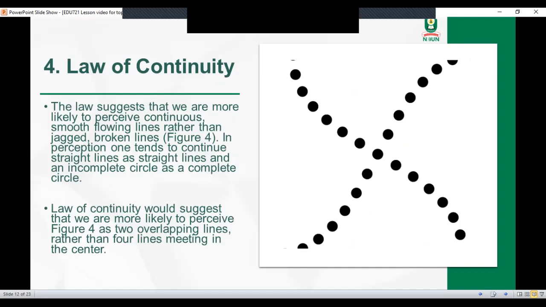Even though they are presented in form of dots, what comes to your mind is that it's like an X, like the letter X. So you see it as two lines that cross each other. You see it as a straight line. You don't see them as incomplete dots, as components.